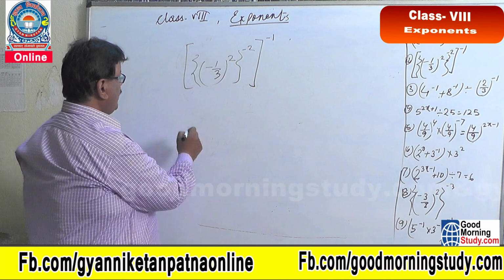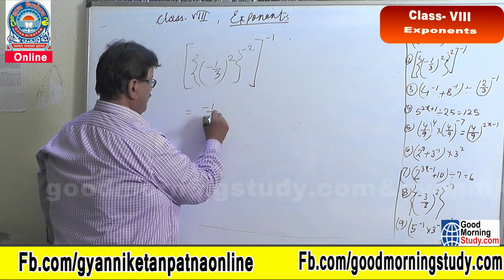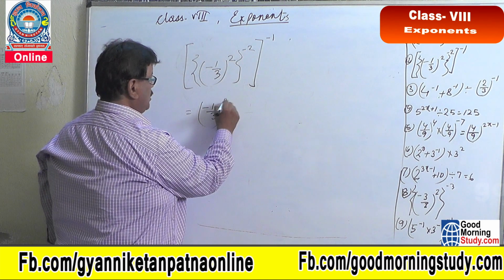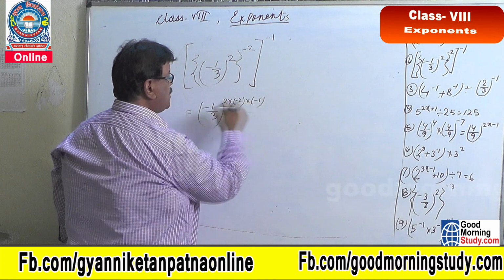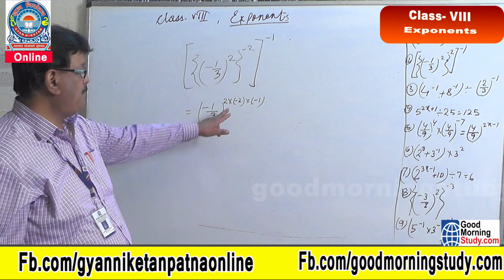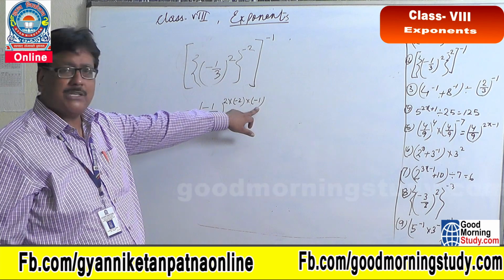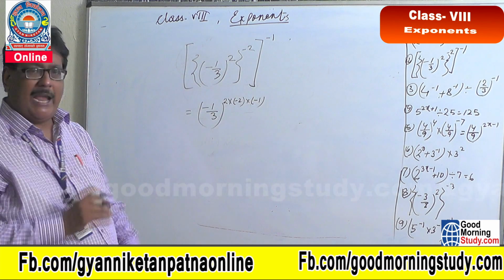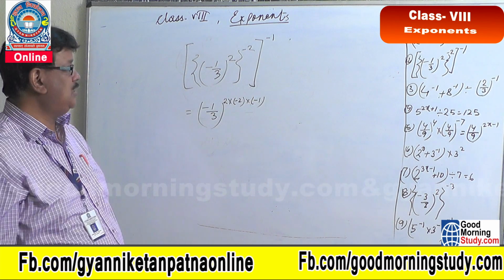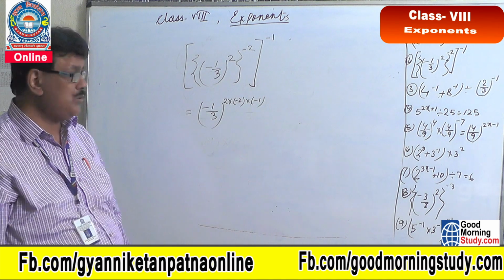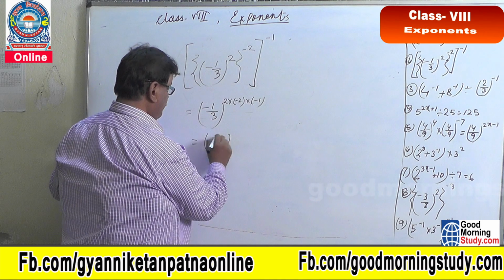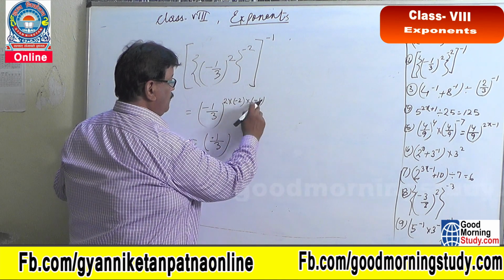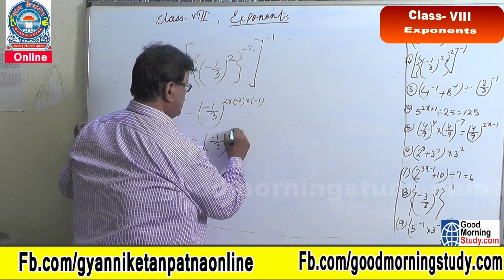So we will do minus 1 by 3 raised to the power 2 multiplied by minus 2 multiplied by minus 1, because a raised to the power m raised to the power n becomes a raised to the power m into n.